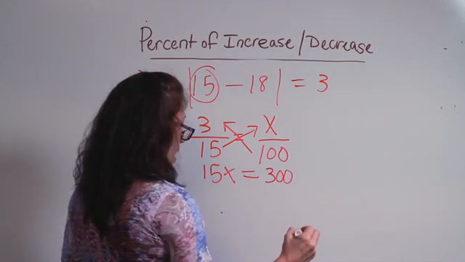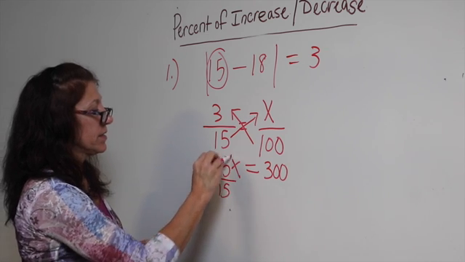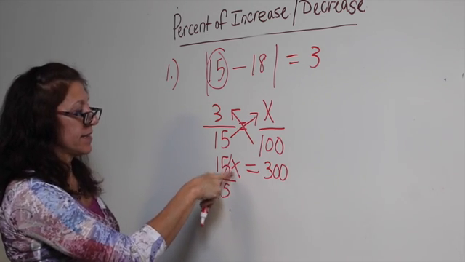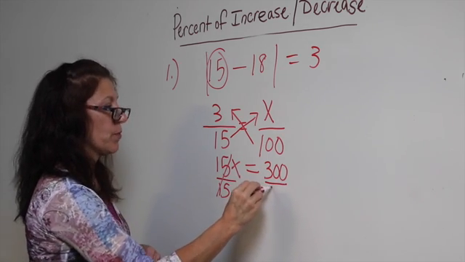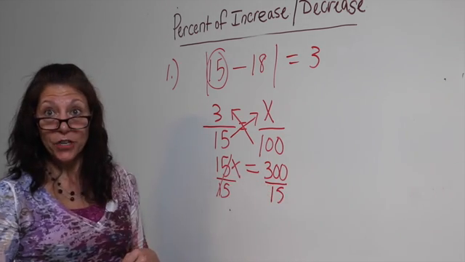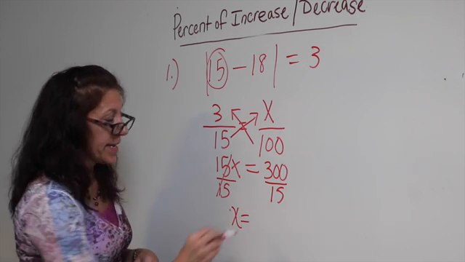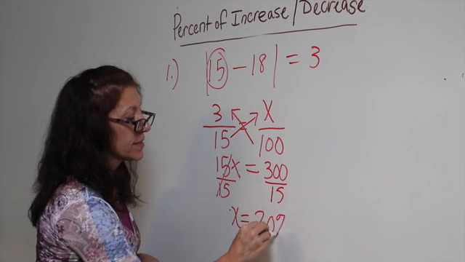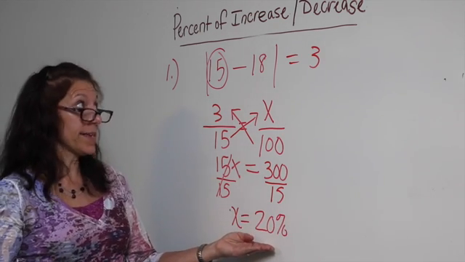From here, you need to divide by 15 to isolate the x. This goes into itself one time, so we have one x left over, which is what we want. Divide 15 into 30, and our final answer is 20%. So there was a 20% increase of bands that showed up this summer.